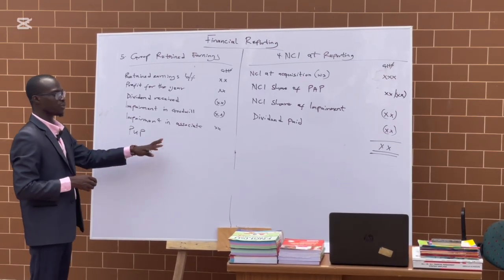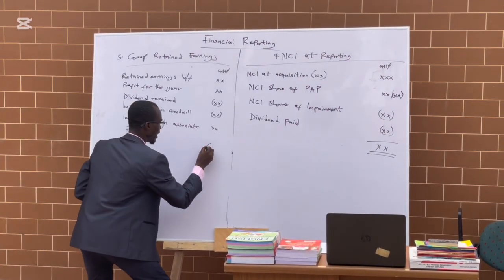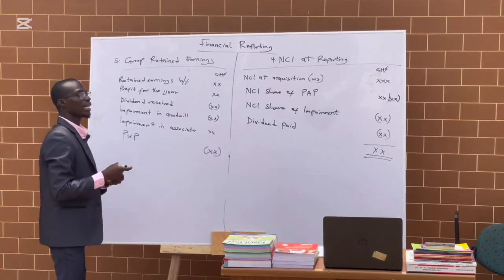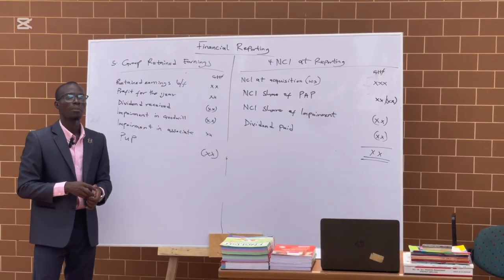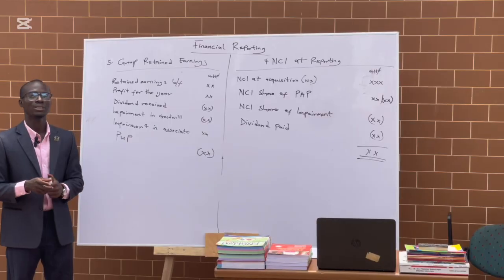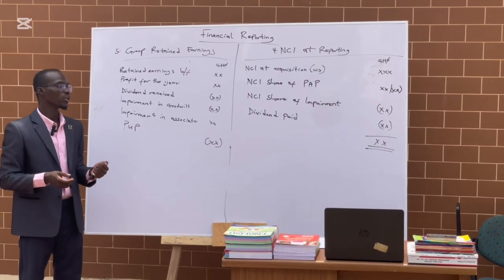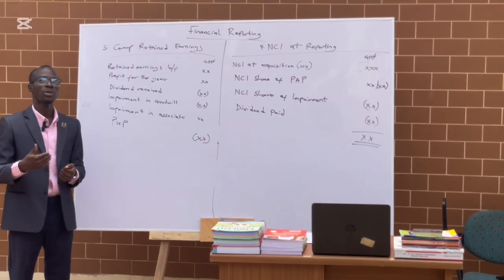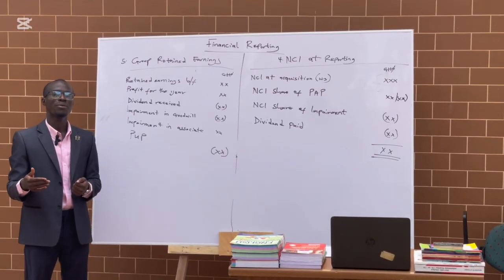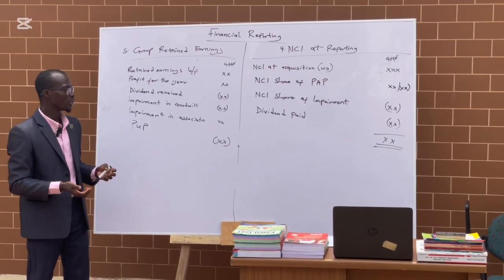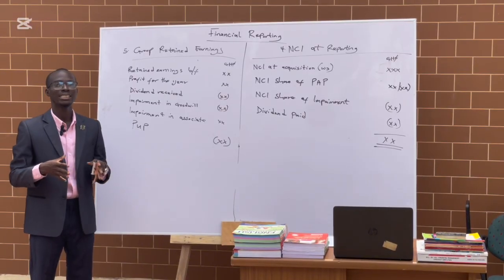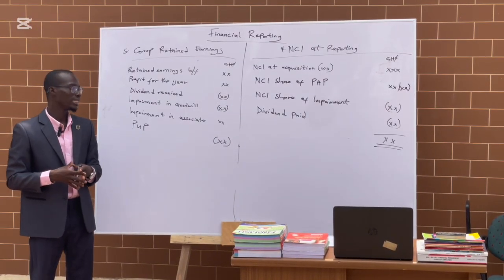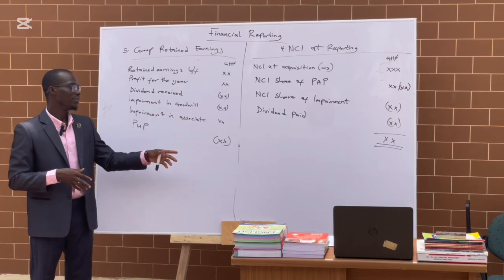The provision for unrealized profit is going to be negated here because the parent has made some sales to the subsidiary, but the subsidiary was not able to sell all the goods. And the parent has already recorded some profit. Because we are now consolidating them as a single entity, we need to eliminate that profit.